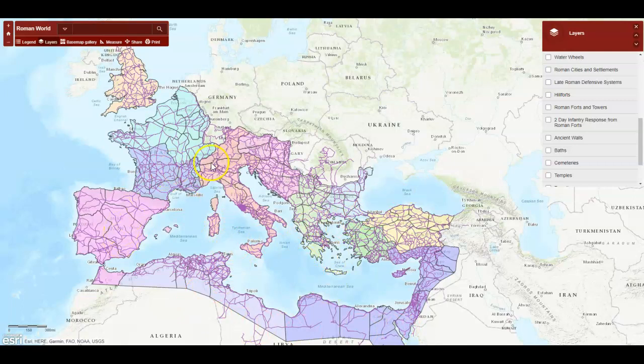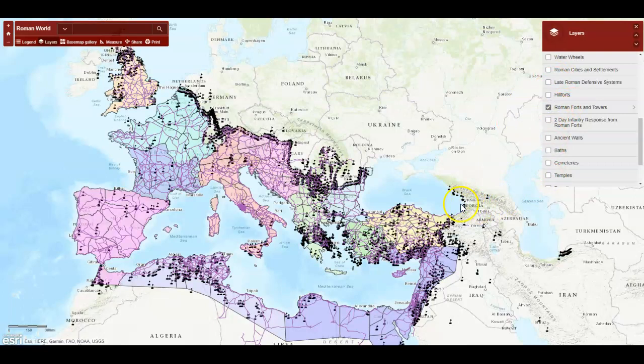You can see that it completely encircles the entire Mediterranean Sea, and all of these purple lines crisscrossing this territory are Roman roads that were built, paid for, and maintained by the government, by the empire.